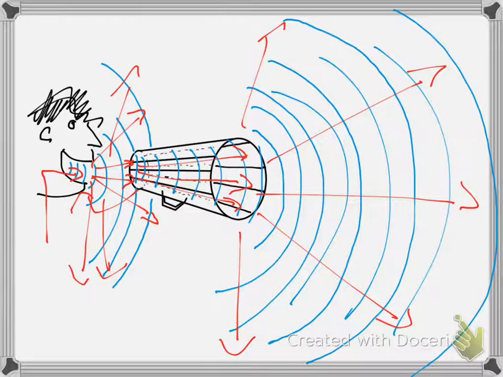They can only go directly to the other end of the megaphone and out there. There's nothing coming out here or here. So that means that those echoes and reflections that we would get off of the interior sides of the megaphone all bounce back and continue outward. And as a net result, we get a nice, loud, focused sound.